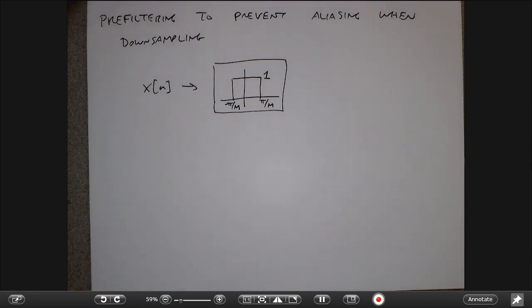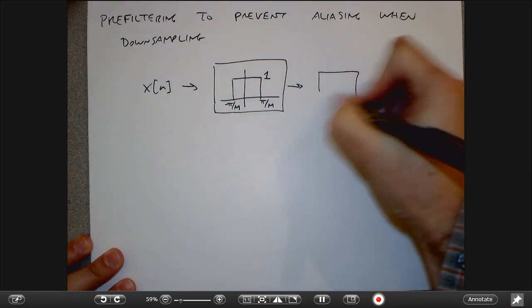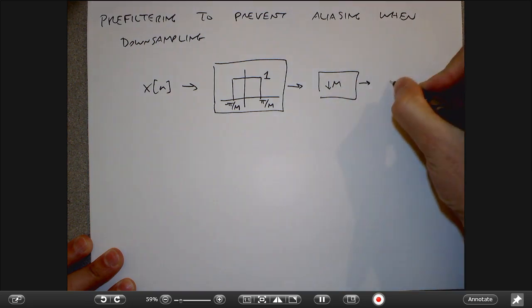But on the other hand, I'm not corrupting the information that I do have when I do the downsampling. By doing this, I am automatically making sure that my input to the downsampler doesn't violate M times the Nyquist rate. I'm making sure that nothing bad can happen. Then I would pass this through the downsampler to get my new signal.